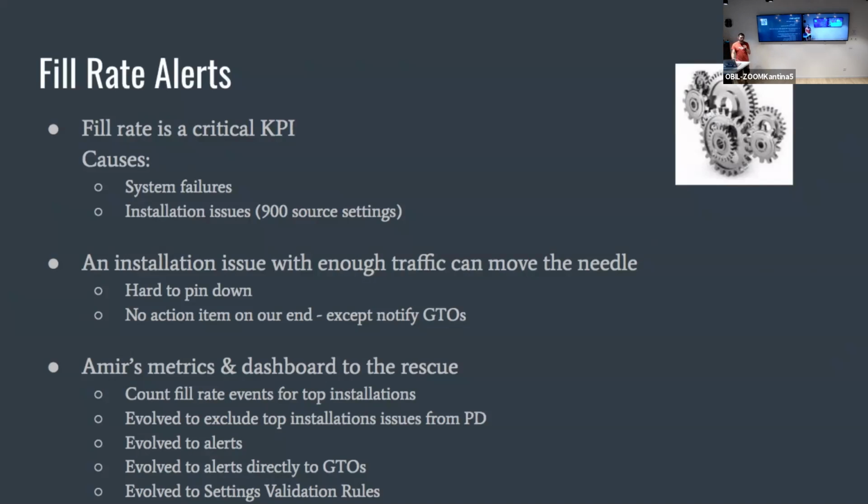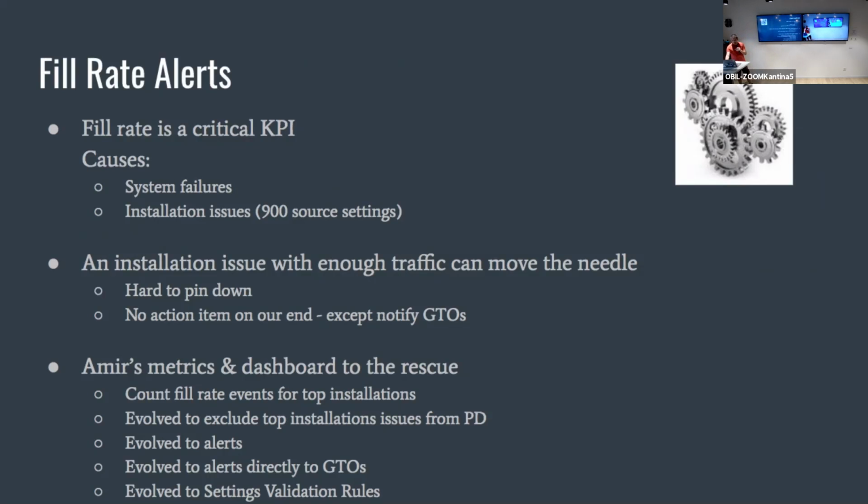There are many, many combinations of source and widget, and you can't keep counters for every one of them because Prometheus will crash. So what he was able to do is keep a fixed amount of counters that track the top installations by traffic and switch each time one new installation pops up. So it's fixed counters to track dynamically the top installations.